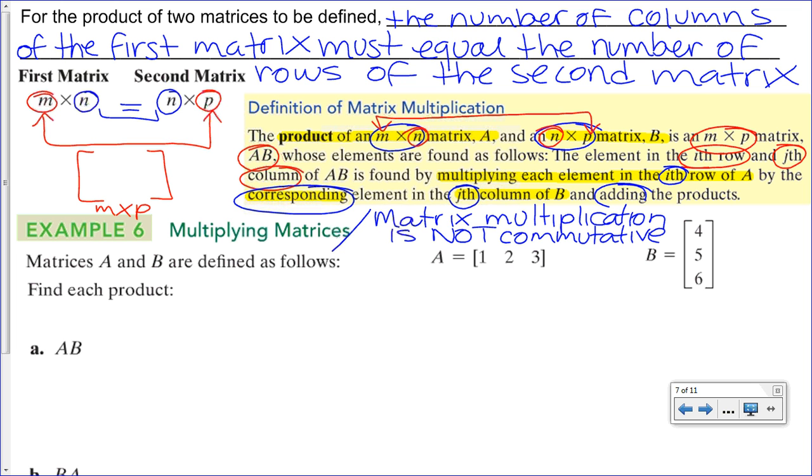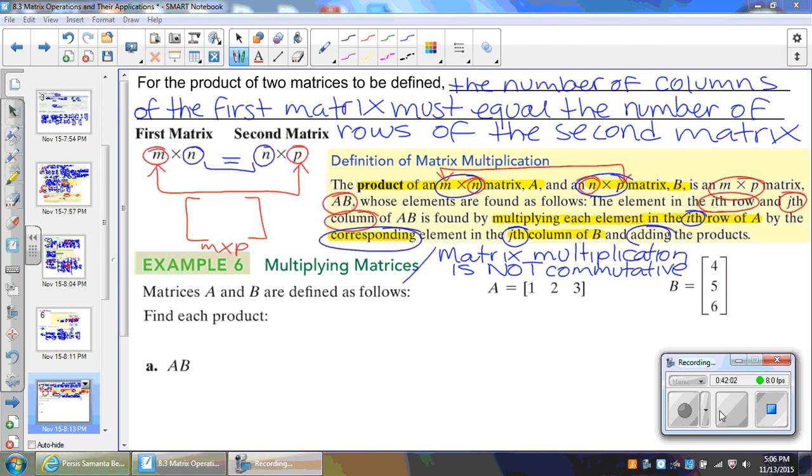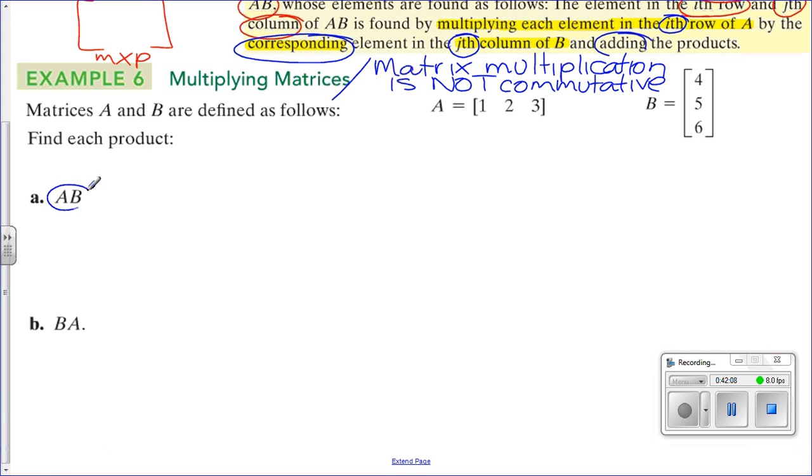And this will be a very easy way to prove that it is not. So here we're going to be finding the product AB and then BA. And you will see we're not going to get the same thing.